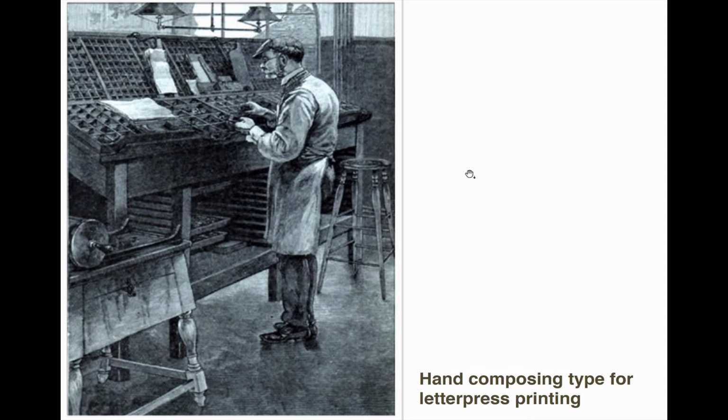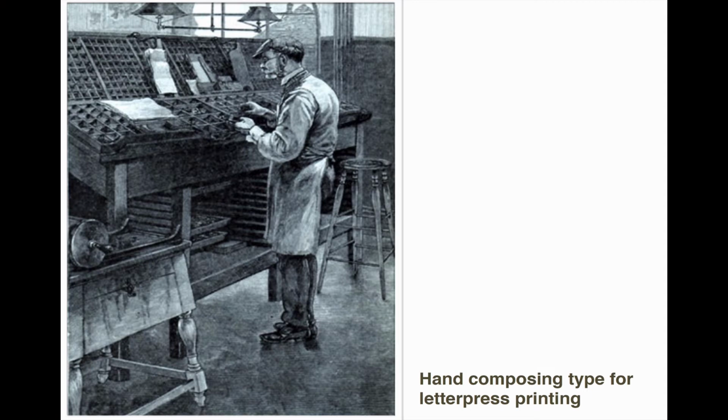And when he would be done, they would put each letter back into its little compartment and start all over again. So printing was a very expensive, meticulous, and time consuming process, and also, of course, required a great many physical resources. It's so different from today, it's kind of hard to imagine.